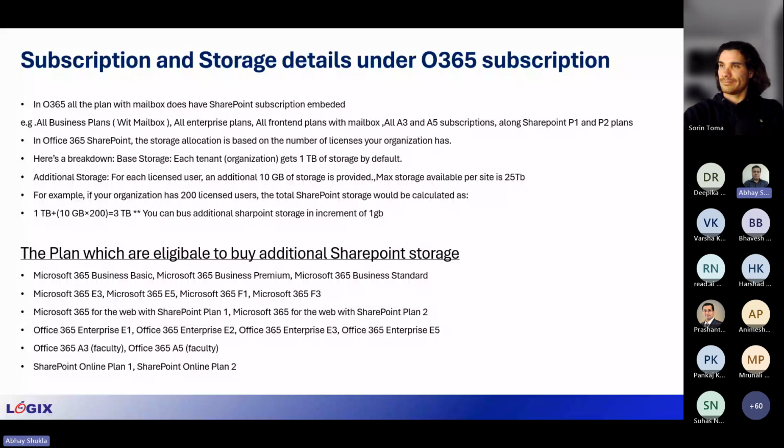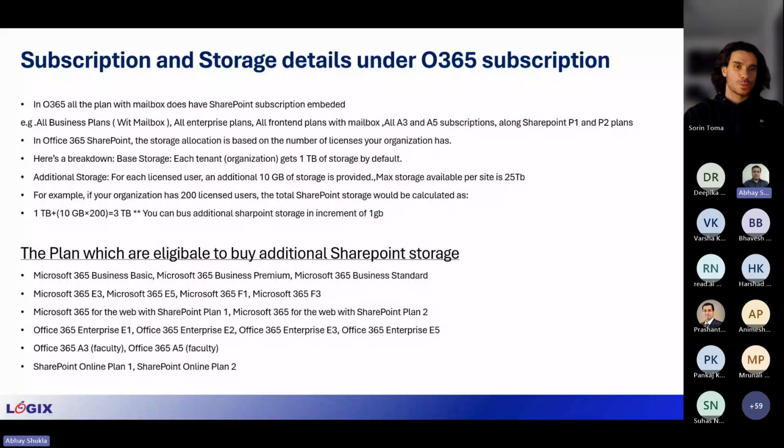As I mentioned earlier, that includes Office 365 Business Basic, Business Premium, and Business Standard, Enterprise E3, E5, F1 and F3, Microsoft 365 for Web with SharePoint Plan 1 and Plan 2, and Office 365 Enterprise E1, E2, E3 and E5. And then, of course, Faculty A3 and A5, and SharePoint Plan 1, Plan 2. These subscriptions are allowed to purchase.